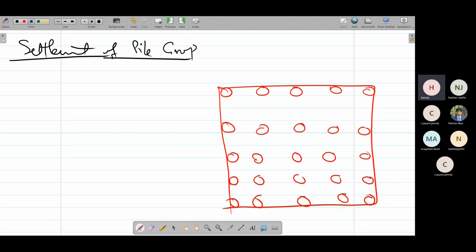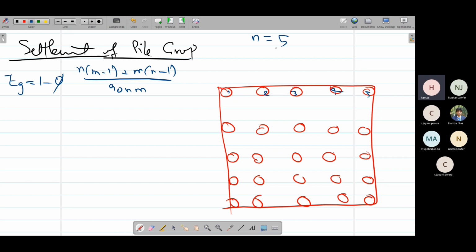Group efficiency is 1 minus phi, times (n(m minus 1) plus m(n minus 1)) over 90 n m. In this case, n is the number of piles in one row, so n is equal to 5. M is the number of rows, 1, 2, 3, 4, 5, so m is also 5.